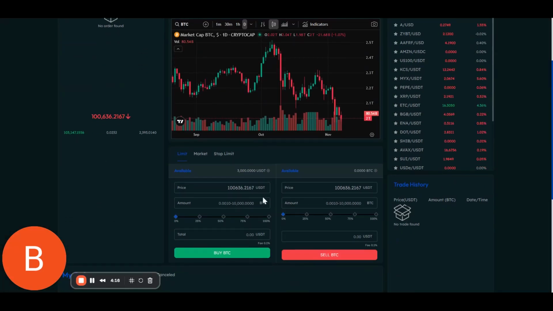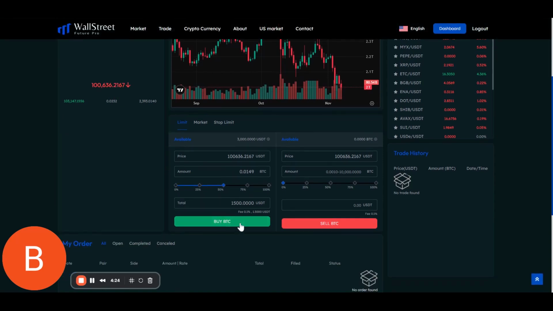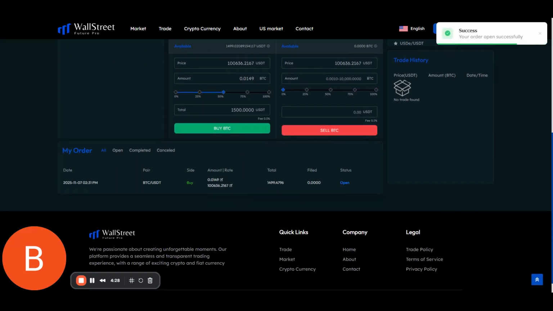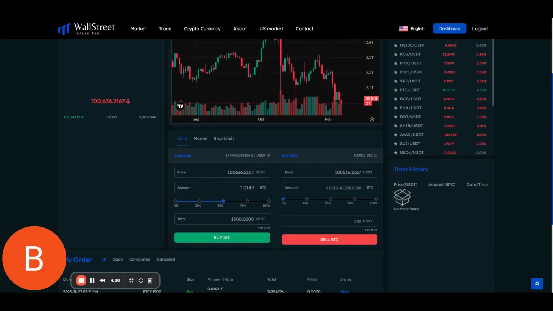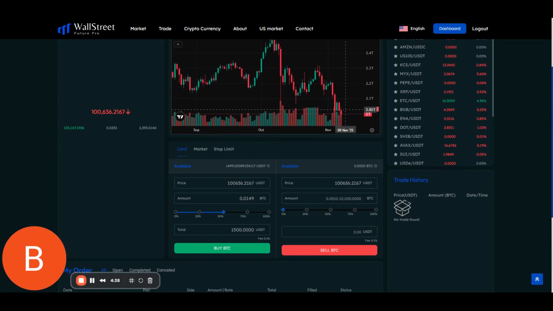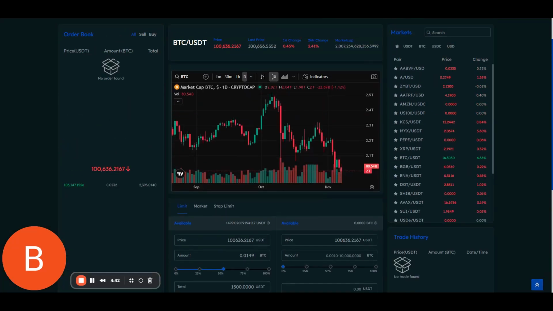Here is the total USDT which I have right now. So I will simply buy for 50% of my amount. I will buy the BTC, and here it is. The position is open. When I am on the right point where I buy the position, my order will get filled, and that's it for now.